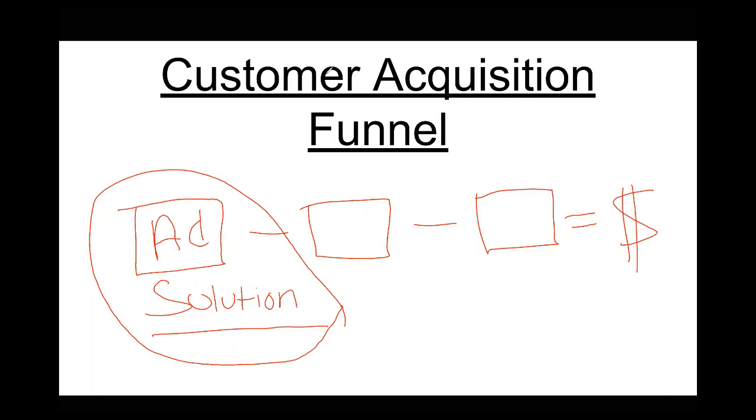The next step of the funnel, landing page. I'm just going to put LP, landing page. So whatever the solution may be, maybe it's a buyer's guide, whatever you're offering, it's your business. A lot of agents offer a lot of different things, but whatever it is you're offering as a solution, this landing page, or squeeze page rather, is where you offer it.